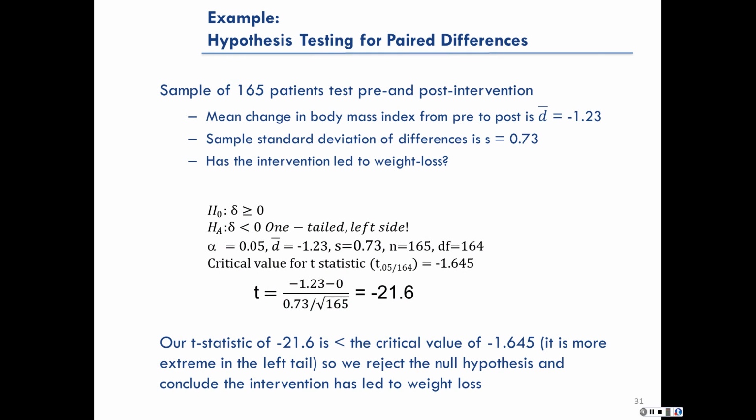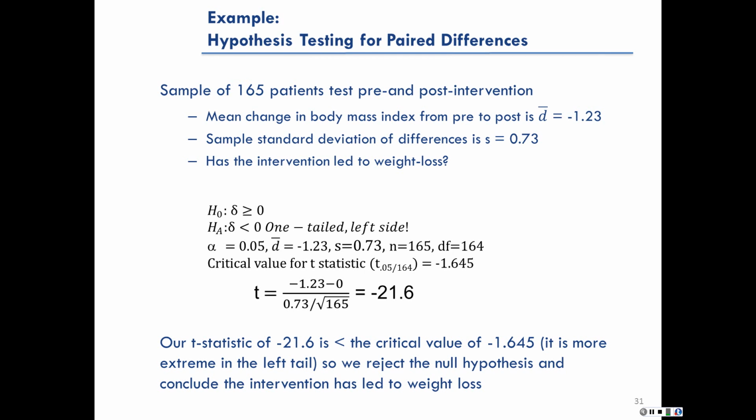That means our alternate hypothesis is that the difference in the population is less than 0, because weight loss is negative, so the difference over time is going to be some negative number. So this is a one-tailed, left-sided hypothesis test. Our null hypothesis is that the differences either stayed the same or got heavier, so that it's greater than or equal to 0.